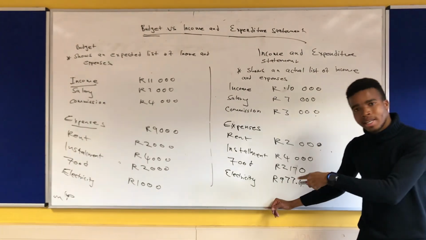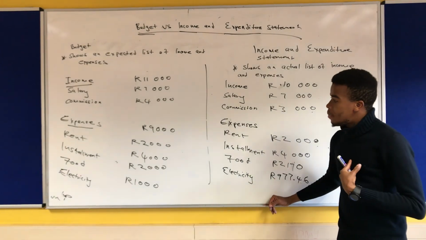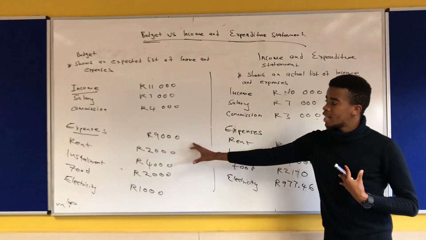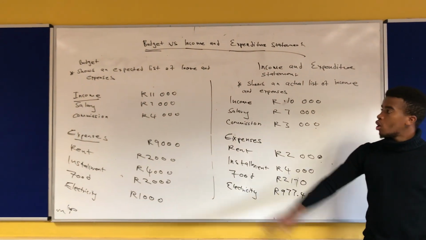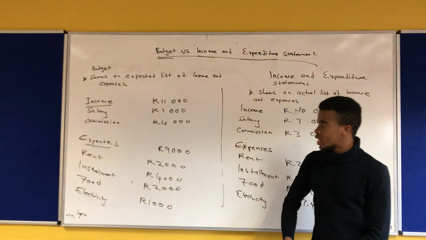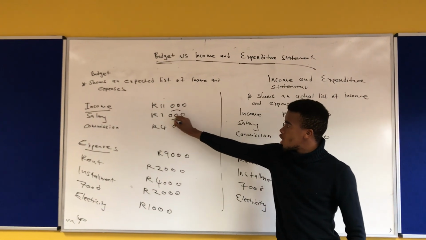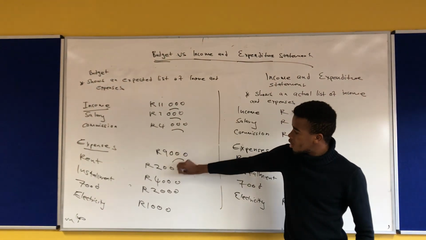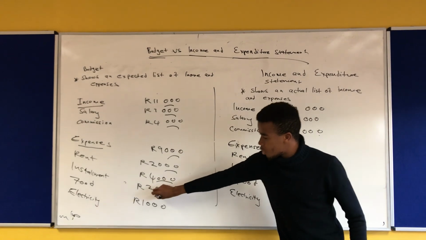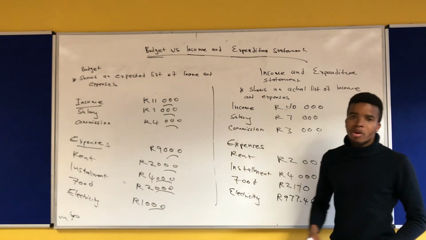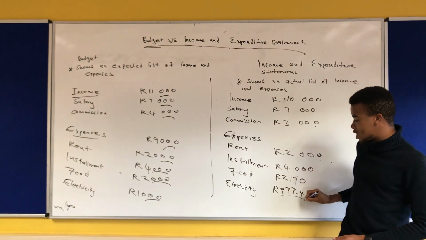No, it's because this is a person, not a robot. In a budget, they use expected rand values. That's why you see these thousands. I will spend 4,000, I will spend 2,000, I will spend 1,000, meanwhile they know that they're going to spend 977.46.